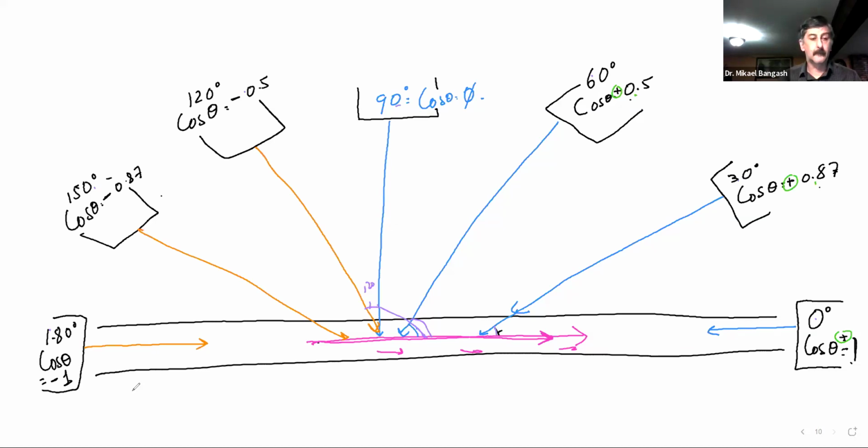Even if I just draw, for instance, an angle here, from here to here it is roughly 120, and here it is 180, because it's in the opposite direction of your transducer.